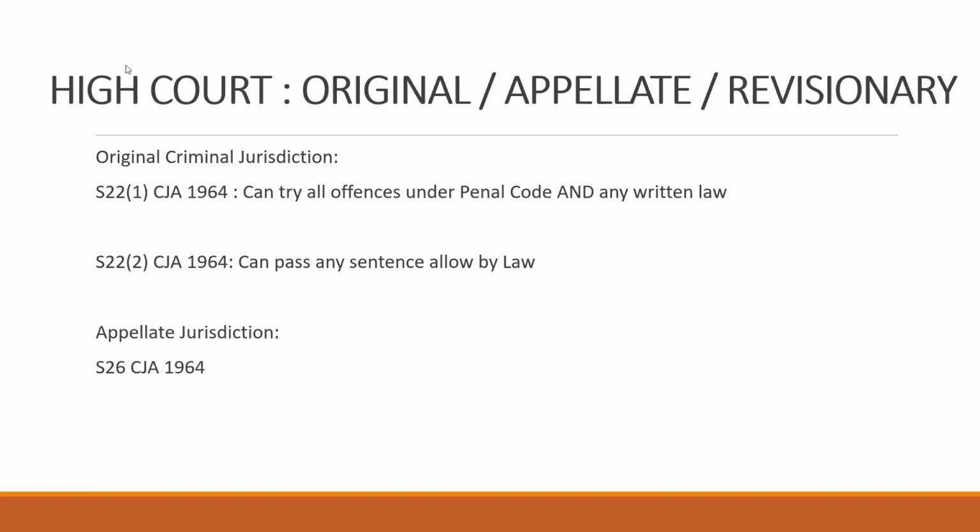Next we move to High Court. High Court has original criminal jurisdiction and appellate jurisdiction. That means it can hear appeals from lower courts. And one more thing, a very special power: it has the power to do revision.